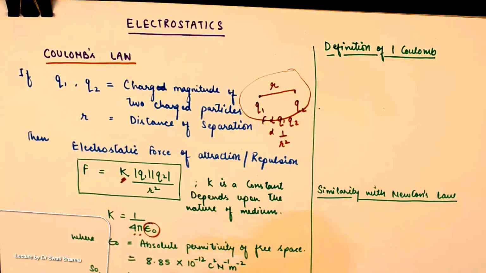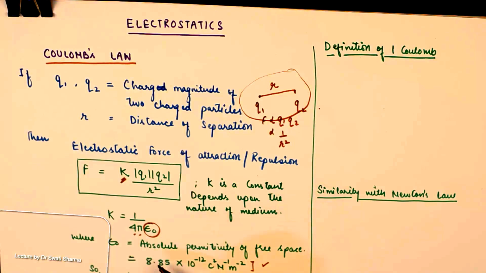Epsilon naught is an absolute value which tells us about the permittivity of free space, or in other words, how easily the space can transmit charge from one place to another, and it has a specific constant value given by 8.85 into 10 to the power minus 12 Coulomb square per Newton per meter square. That becomes the units of epsilon naught.